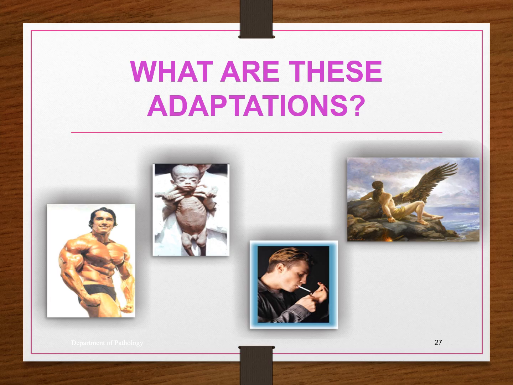The small child picture is atrophy, and the cigarette smoker is metaplasia. And the other two pictures are Arnold Schwarzenegger's picture showing the increase in the muscular strength, increase in the cells, hypertrophy.